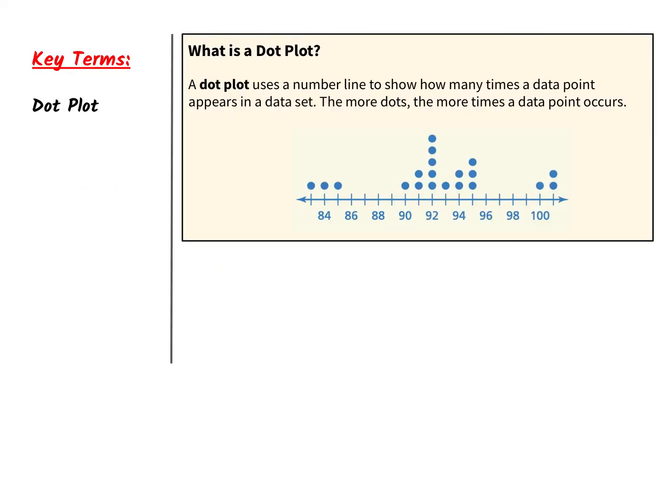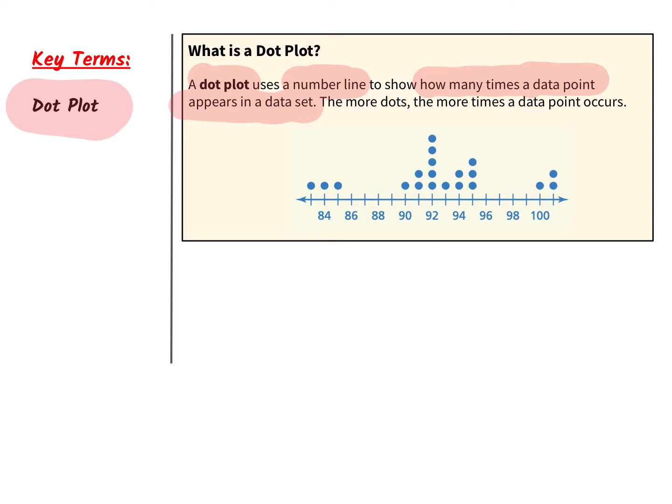The first piece of vocabulary is this cutout that I've provided, going over what a dot plot is. Let's highlight a few things in here, one of them being dot plot, of course. Then underline the words number line, because a dot plot uses a number line to show how many times a data point appears in a data set.